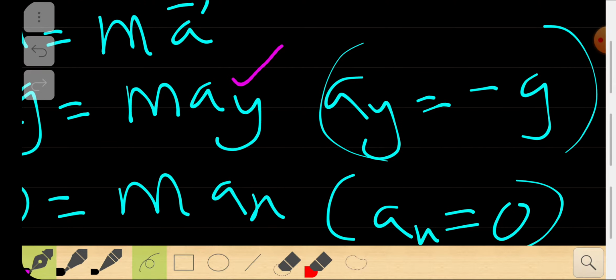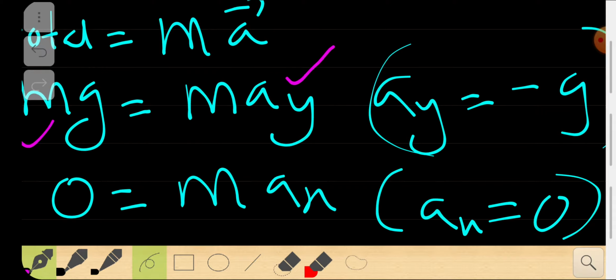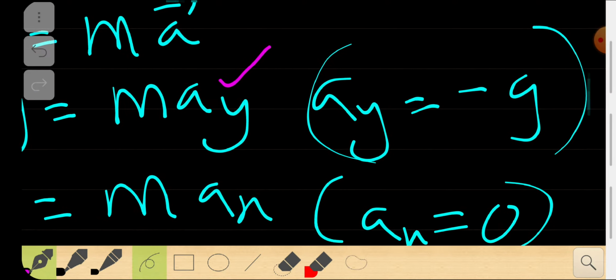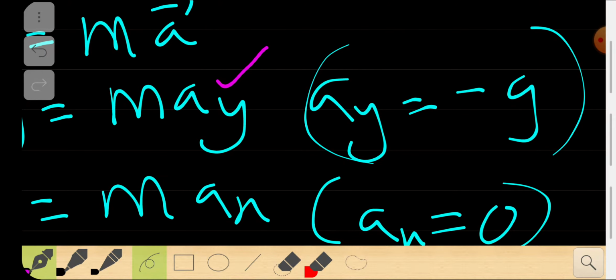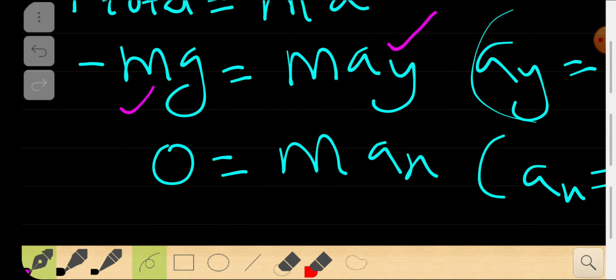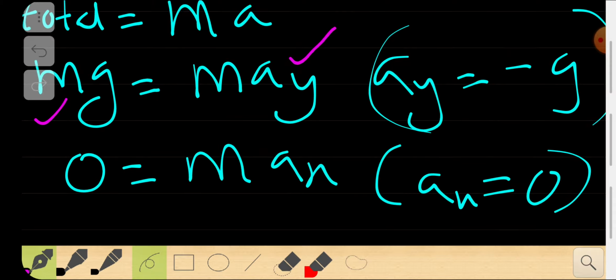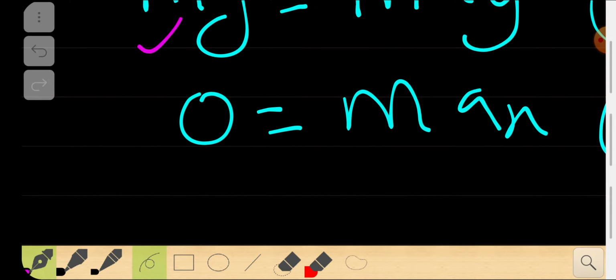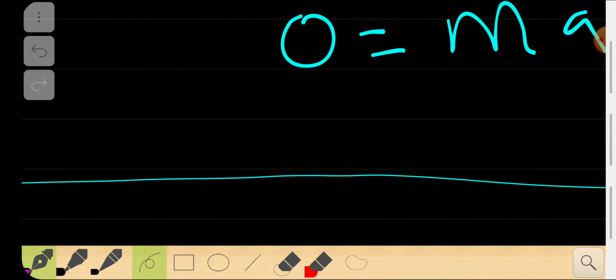We have neglected the negligible value of the resistive force or frictional force, air drag. So you can say that ay is equal to minus g. Similarly, in the x-axis, you can clearly see that the ball is moving like that.